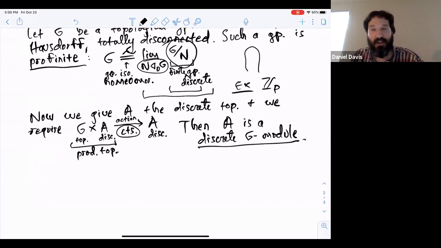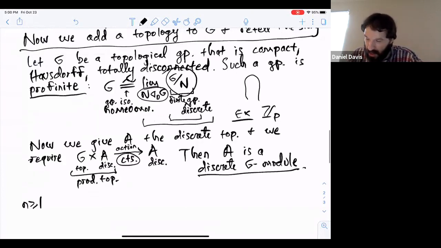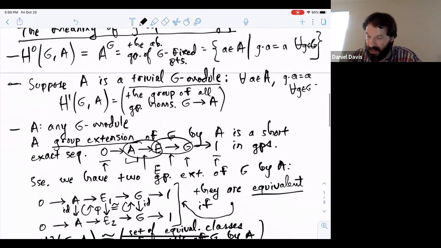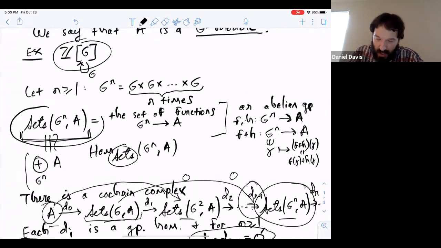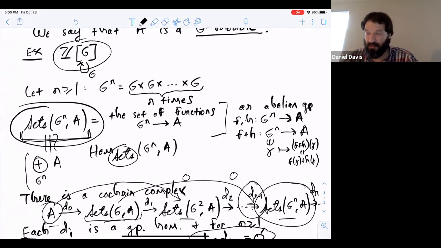So let's continue retelling the story, but adding in the needed decorations. Once again, we let n be greater than or equal to 1, and earlier we considered an abelian group.